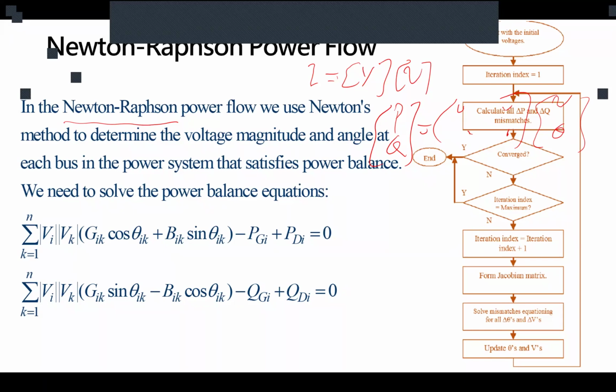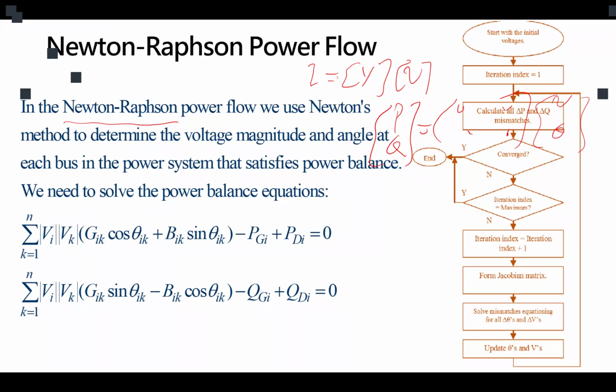How does Newton-Raphson work? You guess a number for the initial value, okay? You calculate the P's and Q's, and you use the power balance rule to find how much you are off the real numbers.